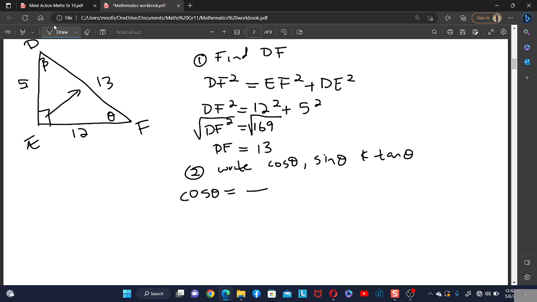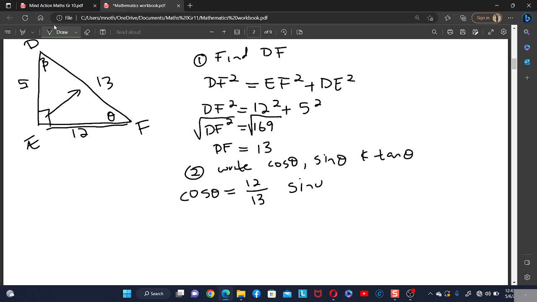The hypotenuse is the one that is opposite to 90 degrees, which in this case is 13. So it's going to be below 13 because it's adjacent over hypotenuse. And the side adjacent to theta is this one, EF, which is 12.